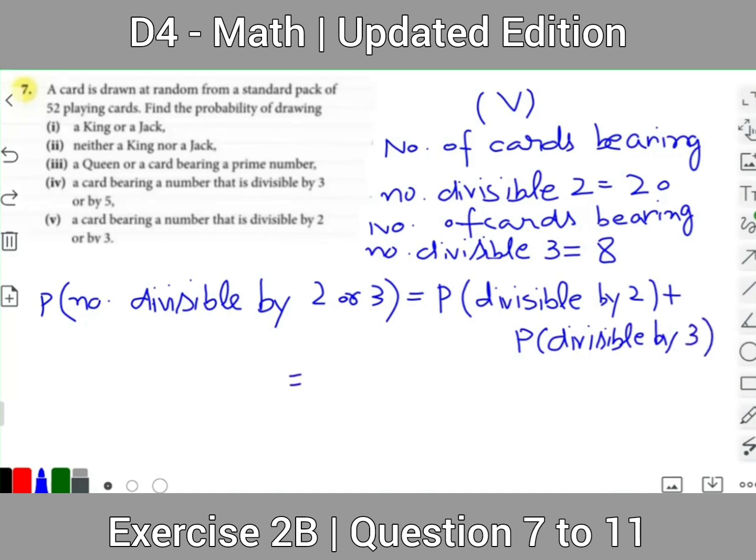Since we have found the number of cards bearing a number divisible by 2, that is 20, and the total number of cards is 52, here we have 20 over 52.